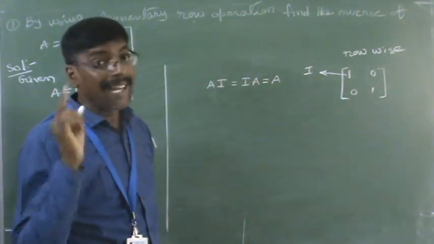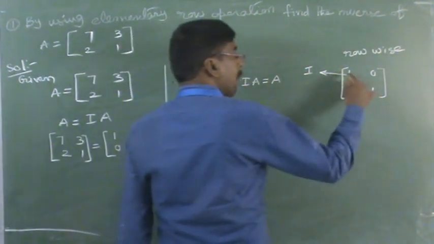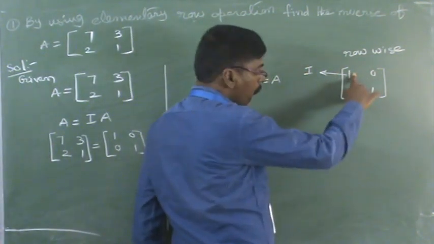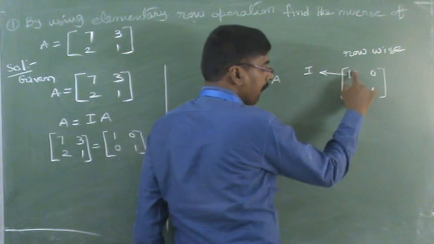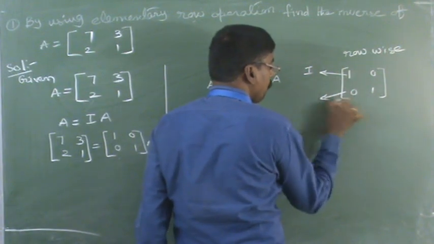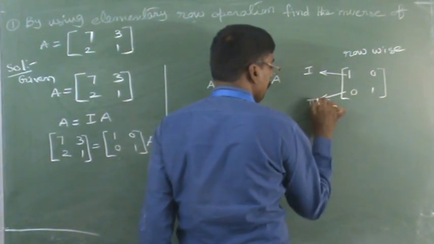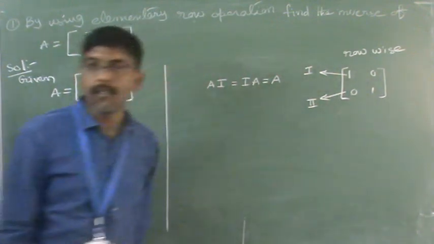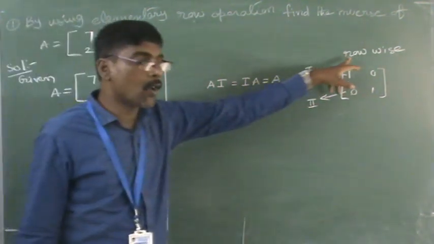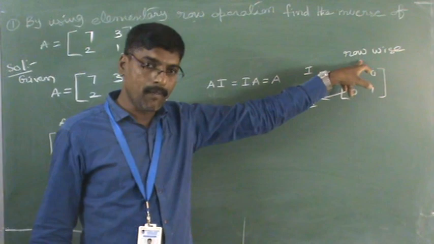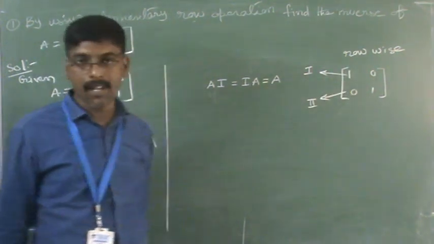That's the first step. Next, by using this 1, we convert this into 0. This is the second step. Steps should be followed properly in row-wise operation.